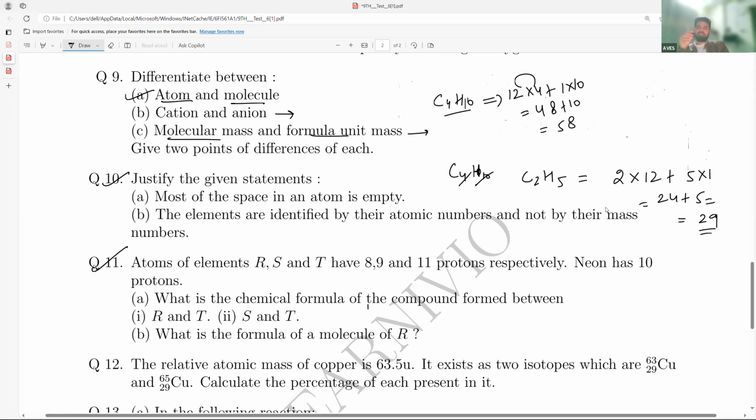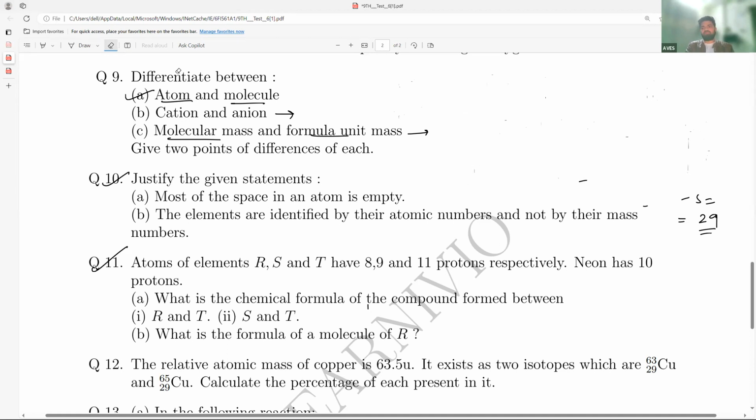So we can simply say that when Rutherford did the gold leaf experiment, we found that most of the alpha particles went through undeflected. So give the reason why most of the space in an atom is empty.